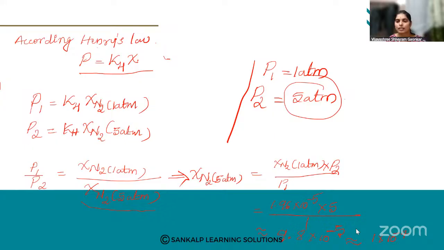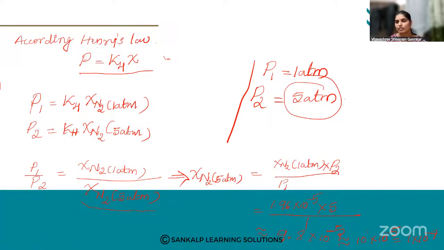If this was not clear, I will write it clearly again and show you. It can be approximately equal to 10 into 10 to the power -5, right? It can be approximately written as 10 into 10 to the power -5, right? So which is equal to 1 into 10 to the power -4, correct?